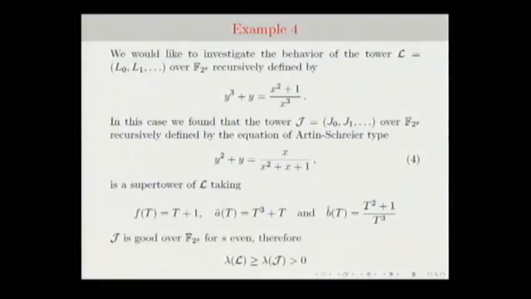So what we did now is to try to find subtowers or supertowers of this one, and we found that if we take this function to be A, this to be B, this A tilde, B tilde, and then F is T plus 1, then this tower is a subtower of this one.